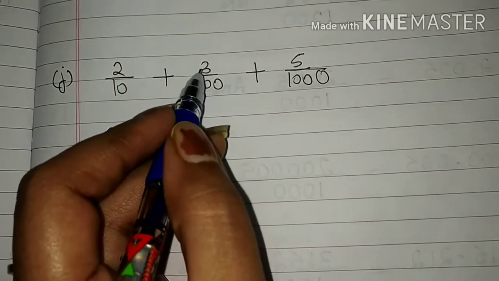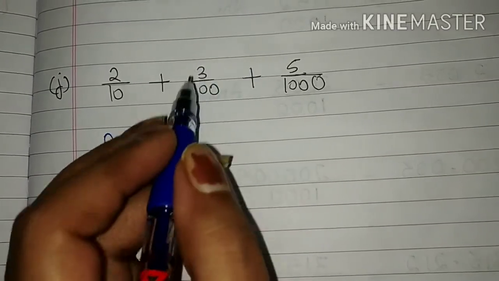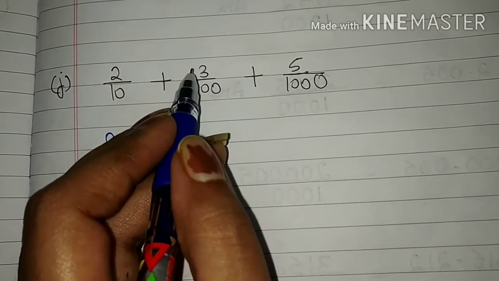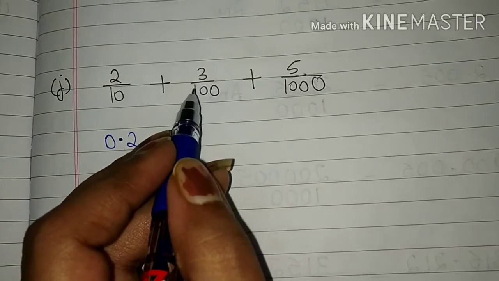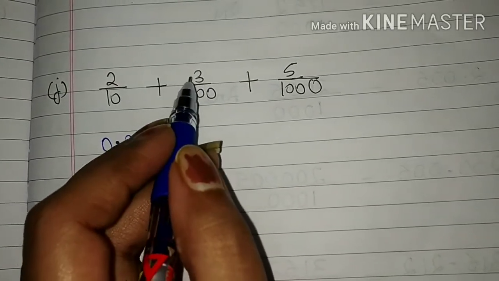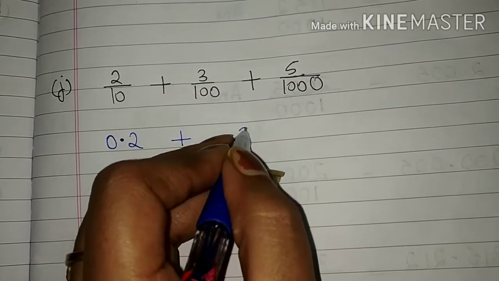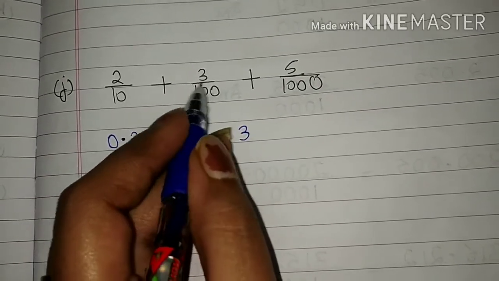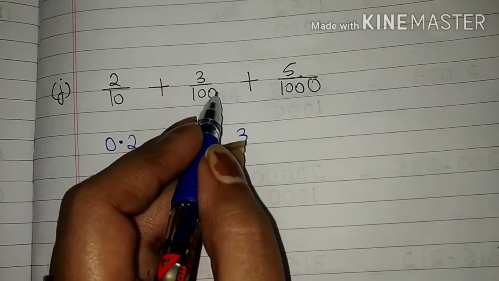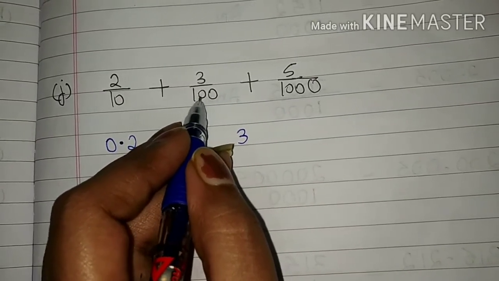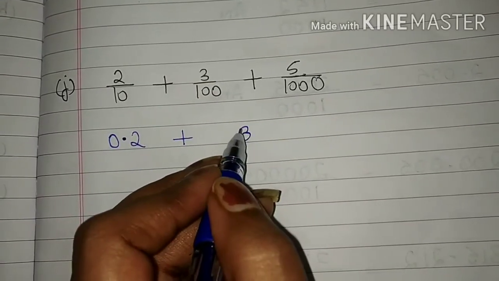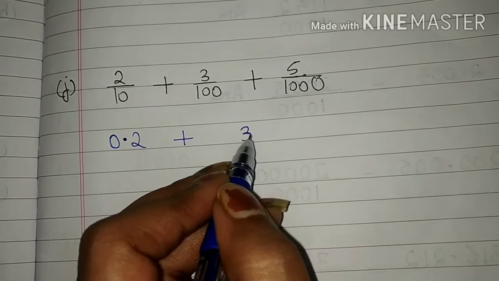Again, we will convert 3 by 100 into decimal. Students, you can see here numerator is 3 and denominator is 100. So first of all, we will write the numerator 3 here. After that, we will count the number of zeros in the denominator. Students, you can see here 0 is written 2 times. So now we will come to the numerator, that is 3 here.